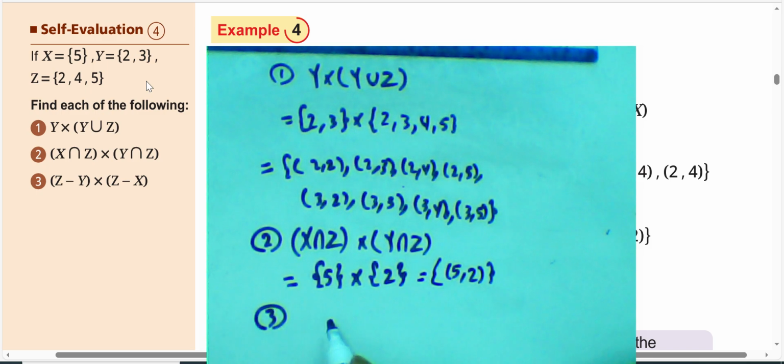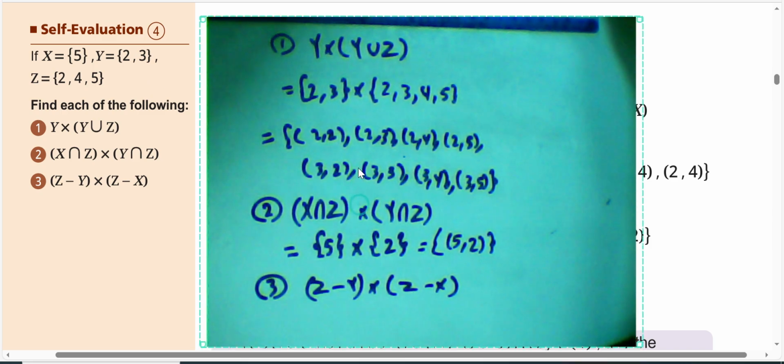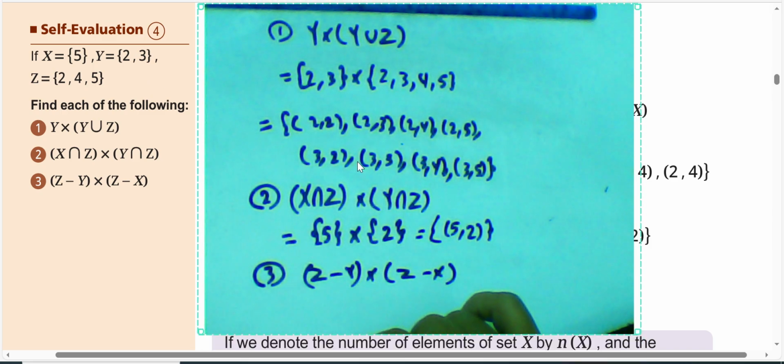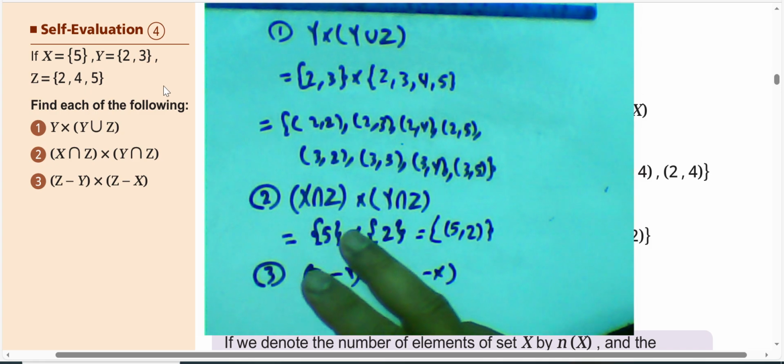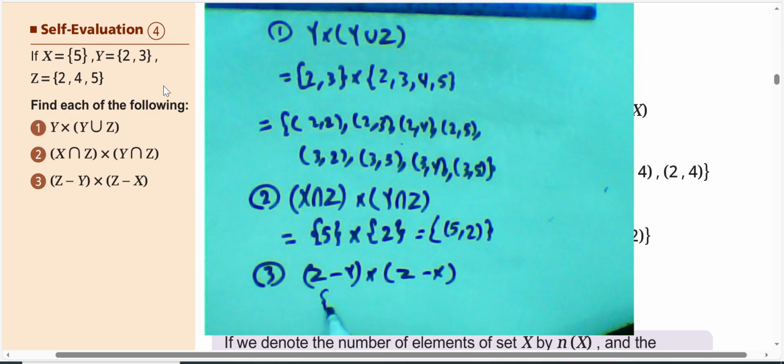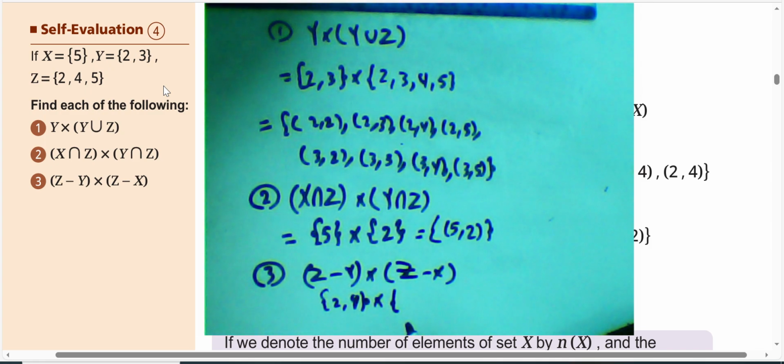Question number 3. He wants Z difference Y, Cartesian product, Z difference X. Okay. Z difference Y: what are the elements in Z and not found in Y? We have in Z 2 and 4. Cartesian product with Z minus X. Z difference X: what are the elements in Z not found in X?